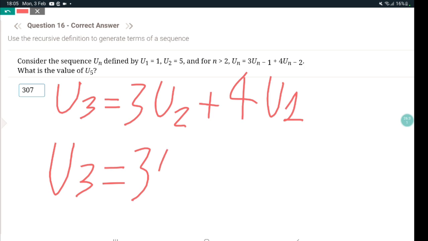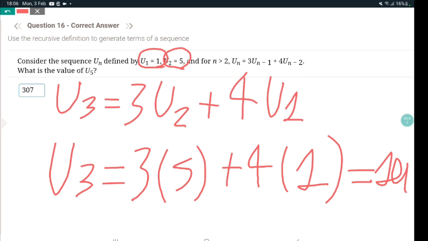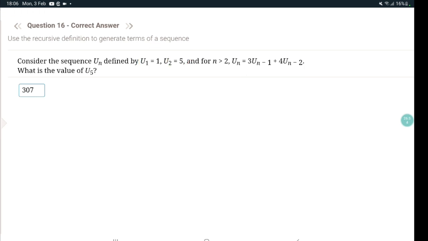So u3 equals 3 times u2, which is 5, plus 4 times u1, which is 1. It's going to be equal to 19. I'll write it down in the corner: u3 is equal to 19.